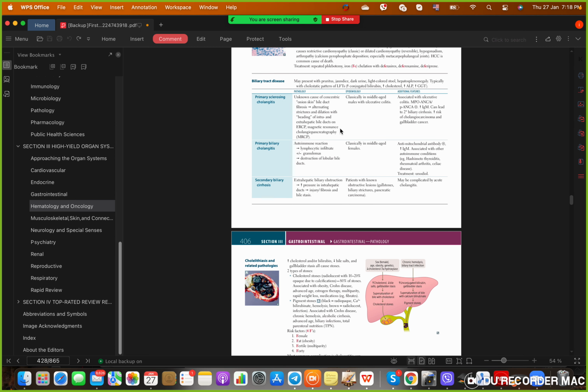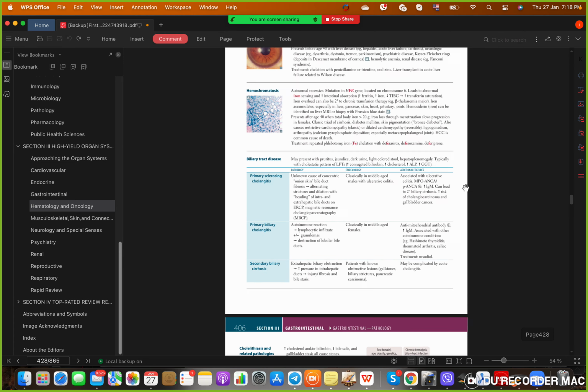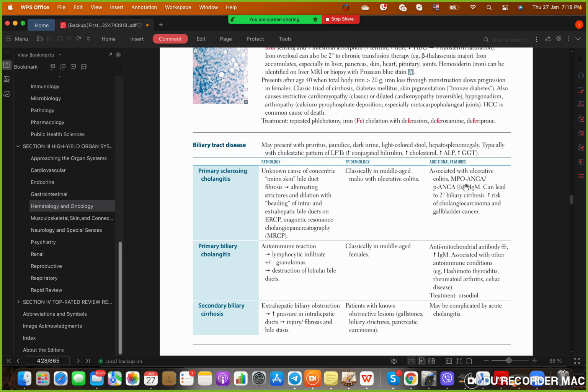Okay, so let's speak a little bit about biliary tract disease. Biliary tract disease may present with pruritus, which is itchiness, jaundice and dark urine, light colored stool as well, and hepatosplenomegaly.